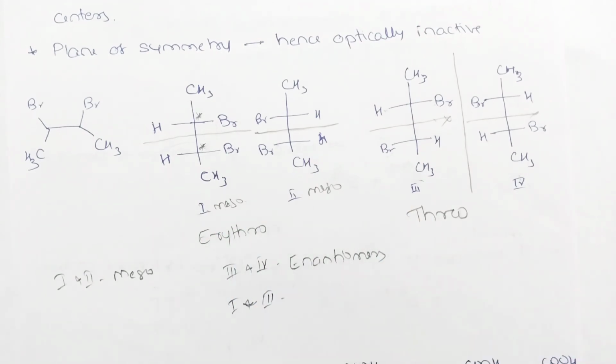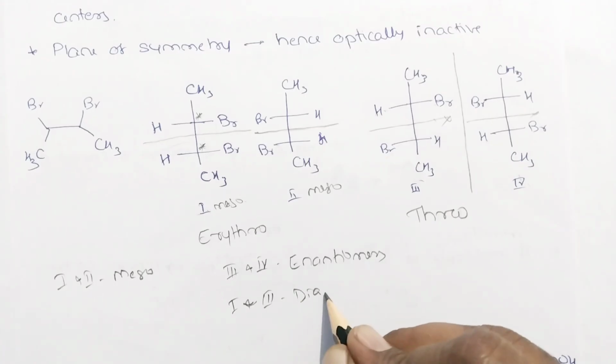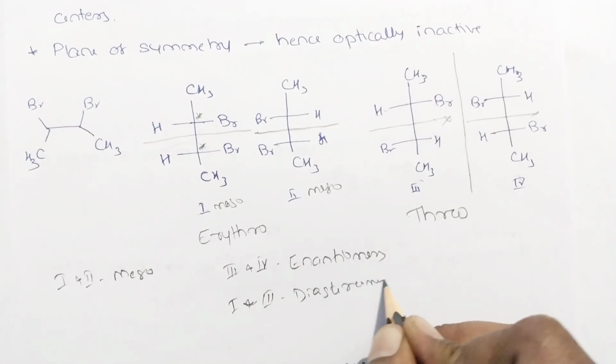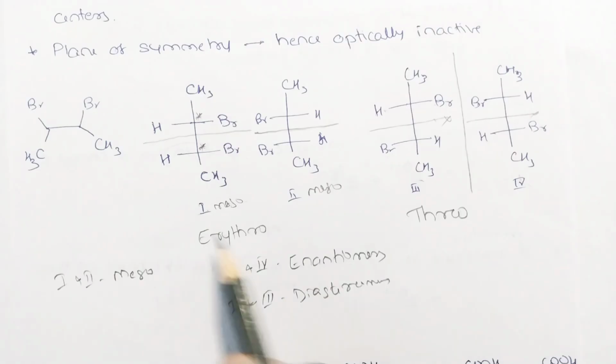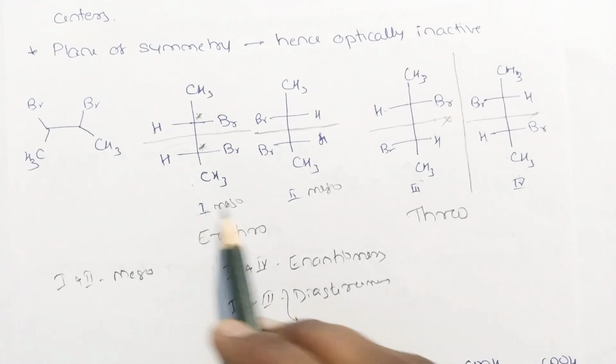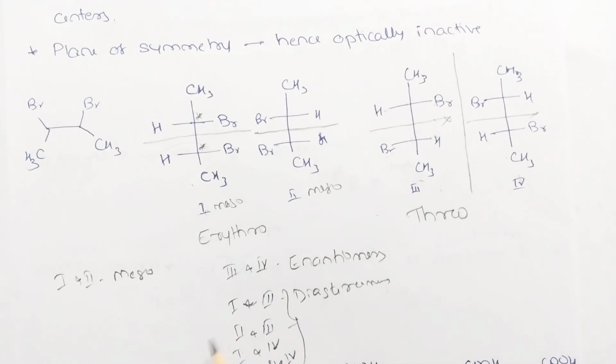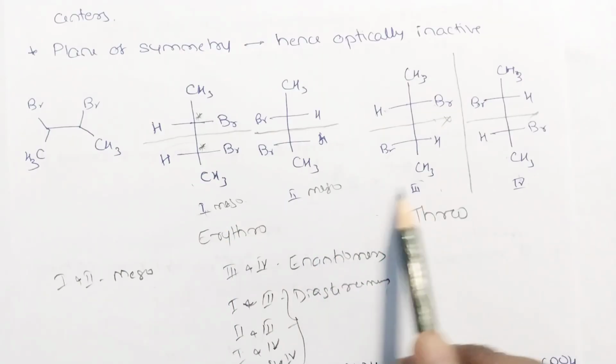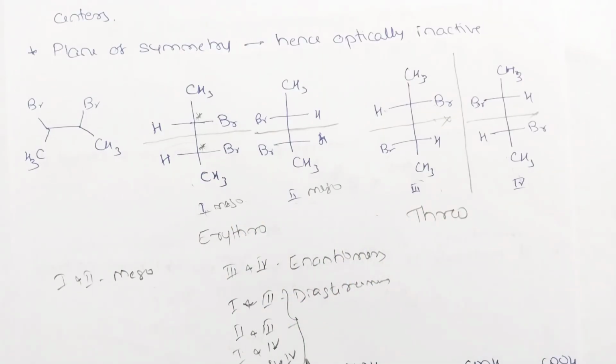These are non-mirror images, hence these are diastereomers. 2 and 3 are also diastereomers. 1 and 4 also diastereomers, and 2 and 4 also diastereomers. Hence 1 and 2 are meso compounds, 3 and 4 are enantiomers, and 1 3, 1 4, 2 3, 2 4 are diastereomers because these are non-mirror images.